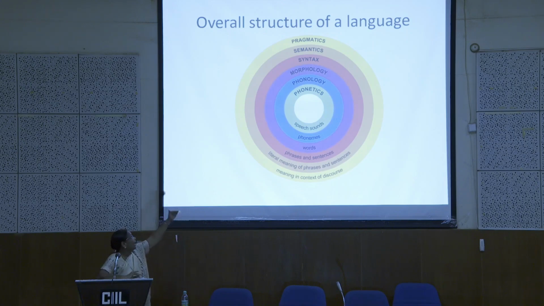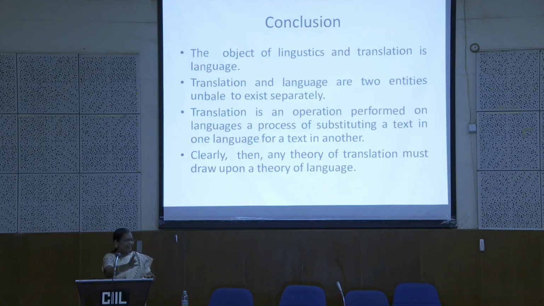These things are theoretical, and the meaning of those things is given in the diagram. All languages possess this structure. These structures are exploited in translation. That is what we are going to see in the next class. And if you have one or two doubts, you can ask me.